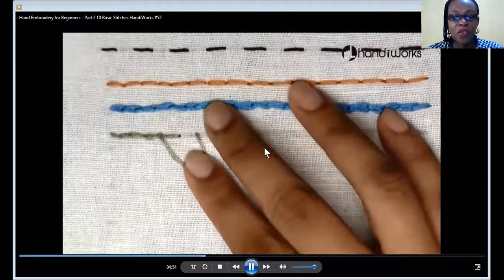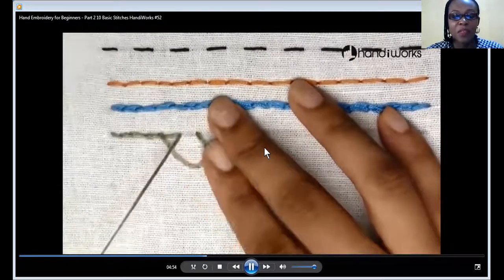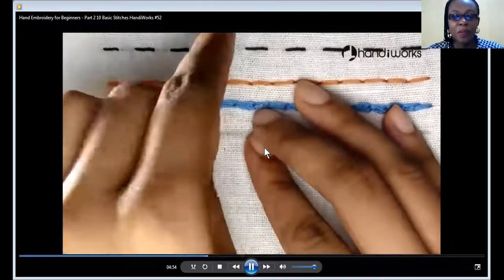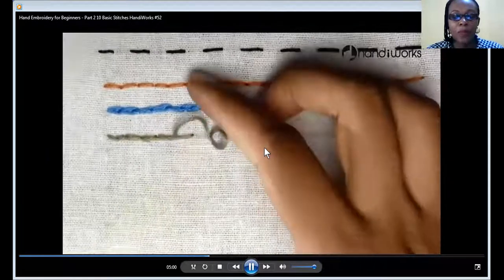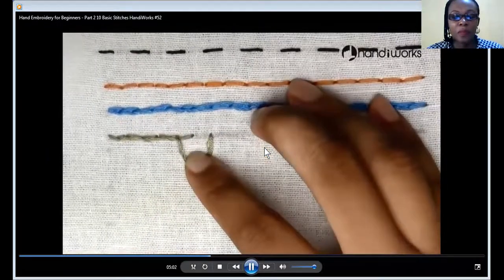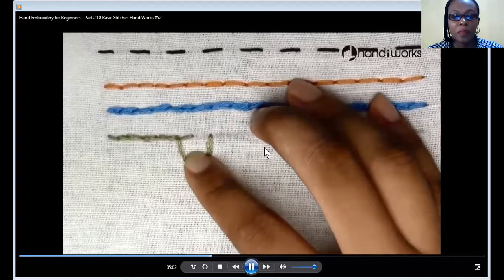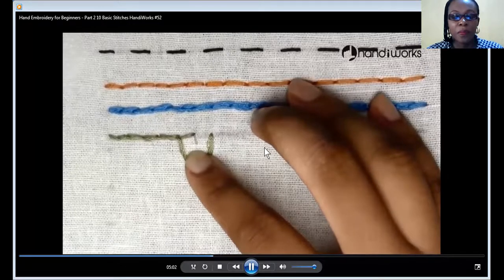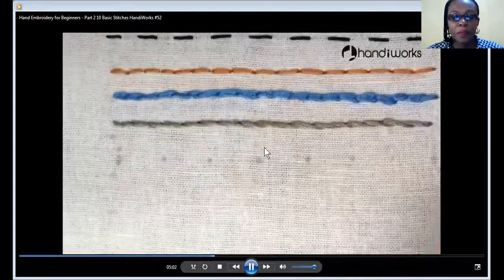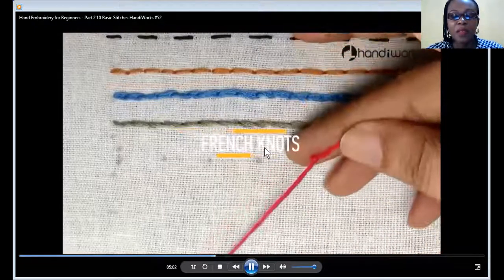Stem stitch. Yeah, it's done with stem stitch.